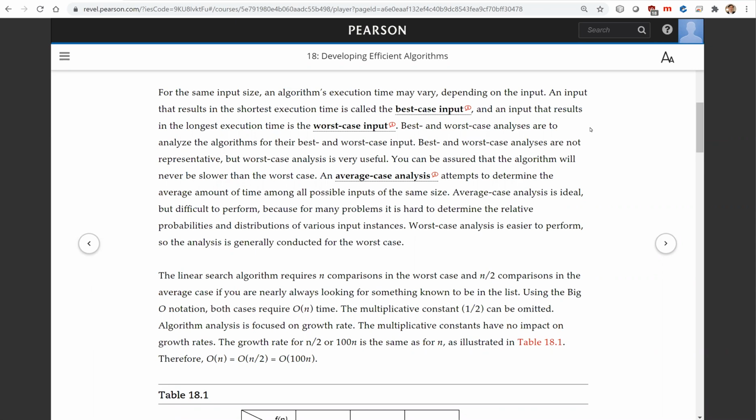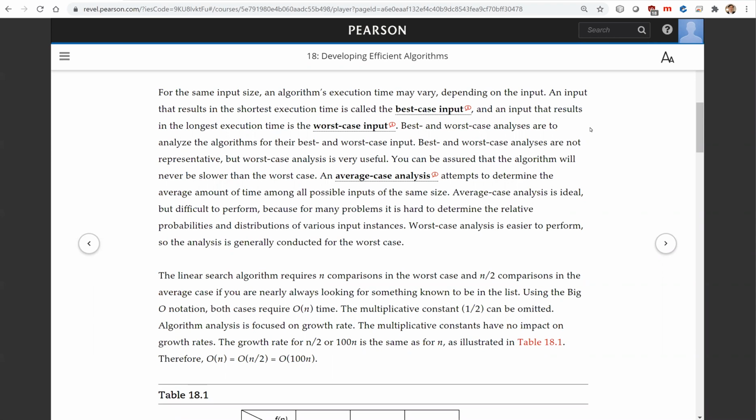You can be assured that the algorithm will never be slower than the worst case. An average case analysis attempts to determine the average amount of time among all possible inputs of the same size.